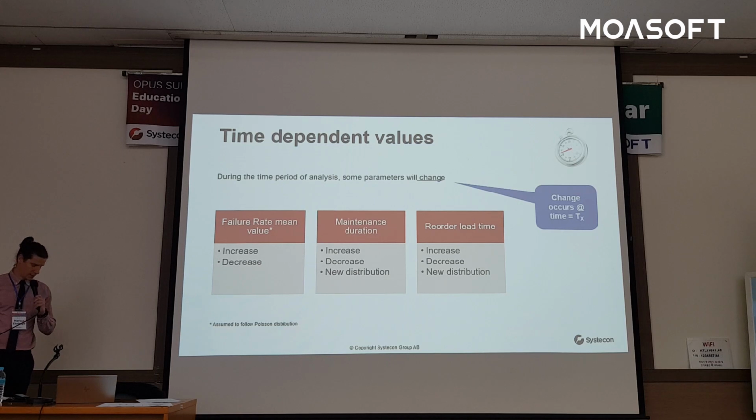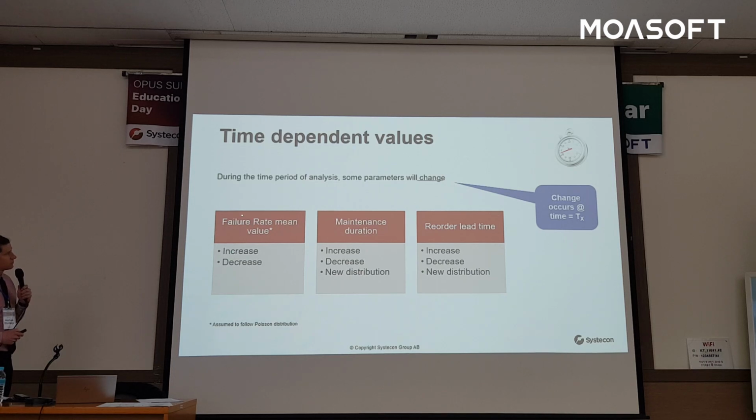Next thing is what's called time-dependent values. So during the time period or the scenario that we're looking at, some of the parameters will or might change. And such a change can happen at any point in time.